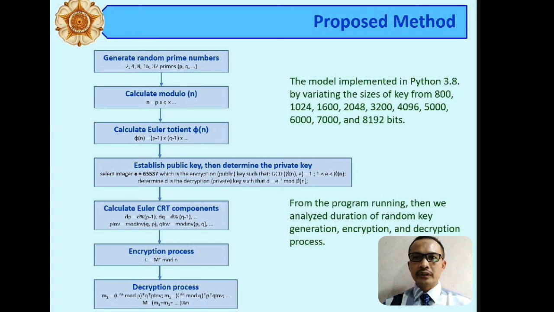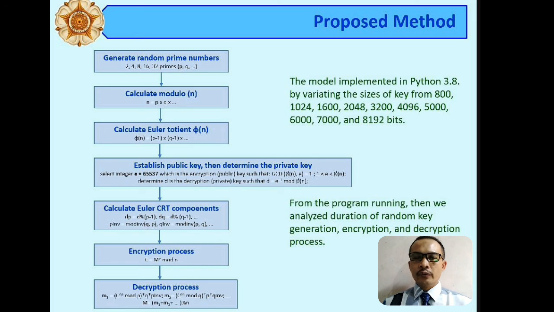We implement not only based on two prime numbers, but based on 4 prime numbers, 8 prime numbers, 16 prime numbers, and also 32 prime numbers. In our improved RSA algorithm, first, we generate random prime numbers, by 4, 8, 16, and also 32 prime numbers.